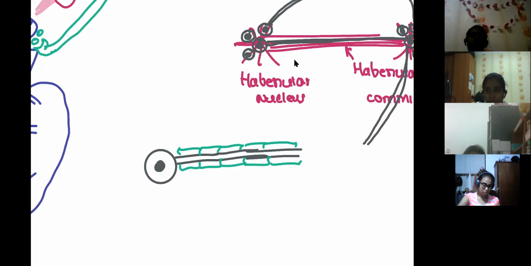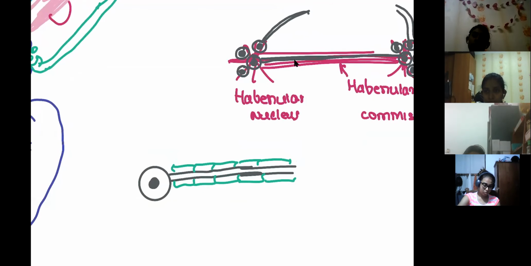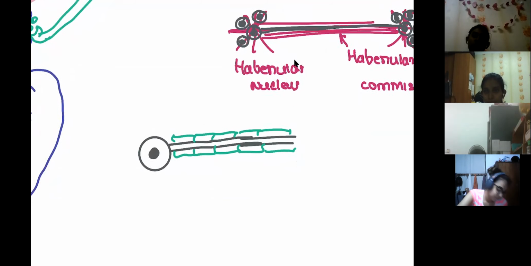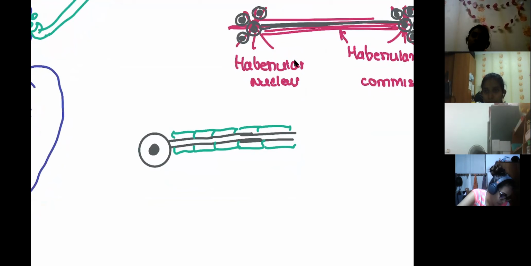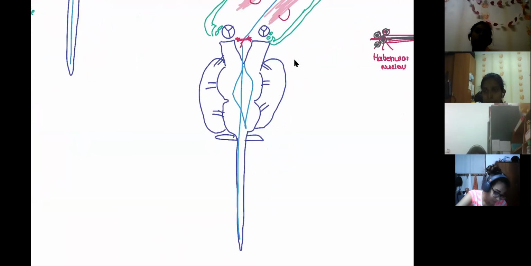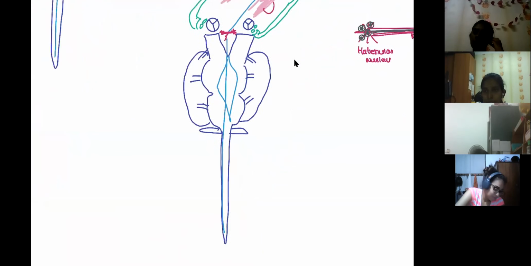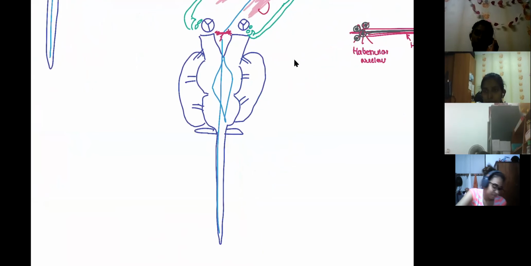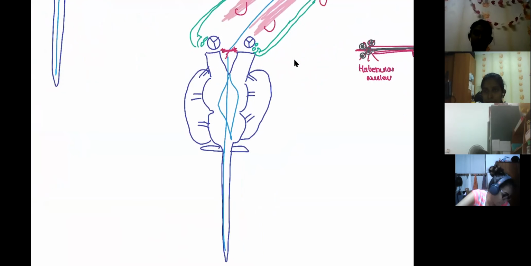So basically there is a connection between the two nuclei, and because it is in myelinated tracts, you get it as white matter, and a fancy word for white matter is commissure. Okay, we learn different words. I hope you guys understand that. Another word is column, dorsal column.